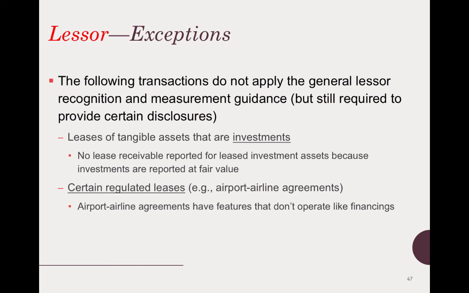One of the other key exceptions on the lessor side to this basic approach to the recognition of the long-term receivable and so on has to do with certain regulated leases, the best example of which are probably airline agreements. When airports enter into these agreements with airlines, they're done under regulations from the FAA that put some pretty significant limitations on the airport as lessor.